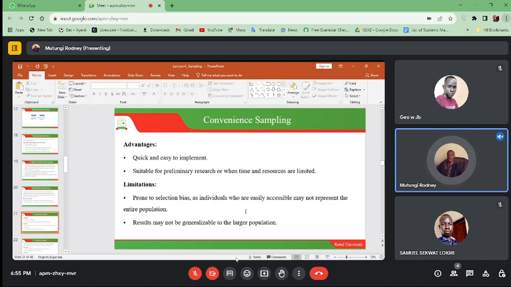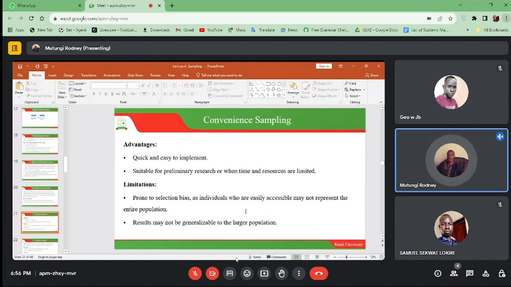Your office is located on maybe Street 5. So conveniently, you're going to interview people around that street, and the street that is nearby. Okay, so that will be convenience sampling. You just go to those people until you reach the target number or the sample size that you need.